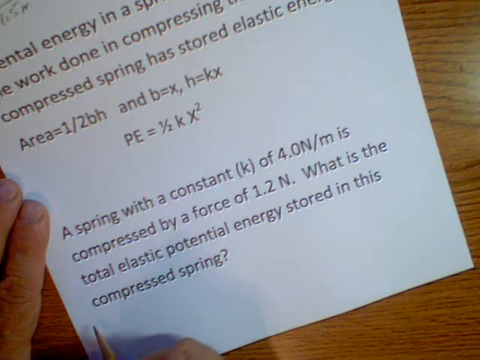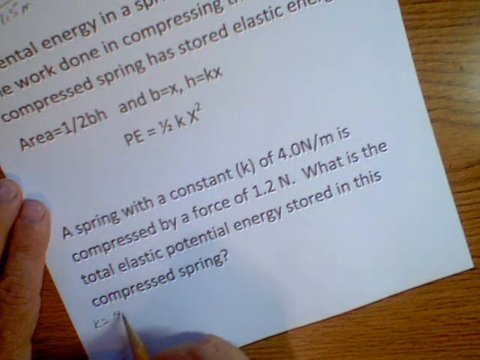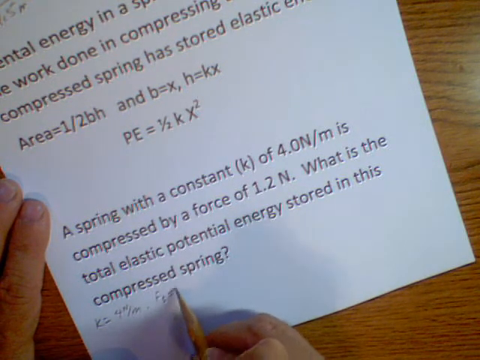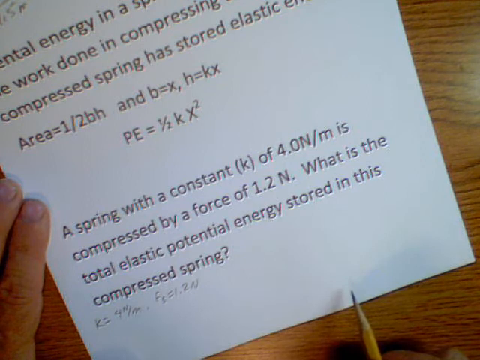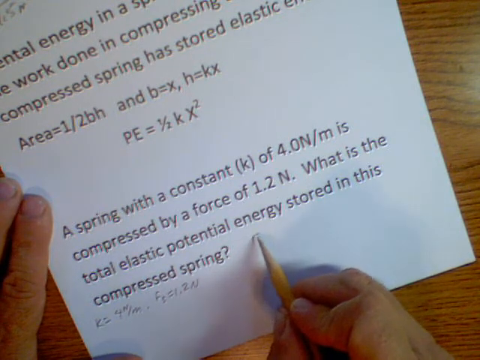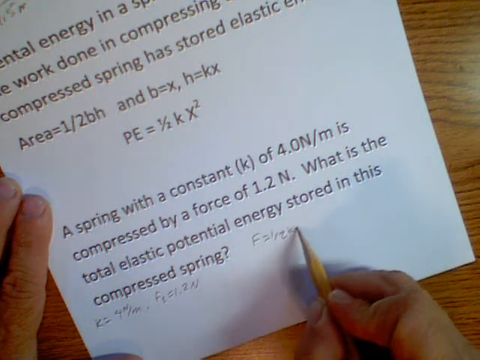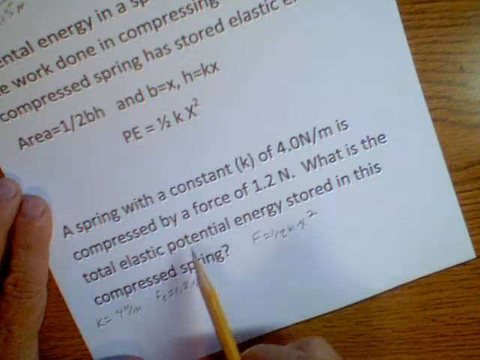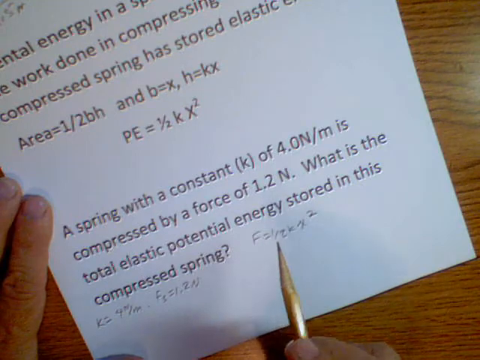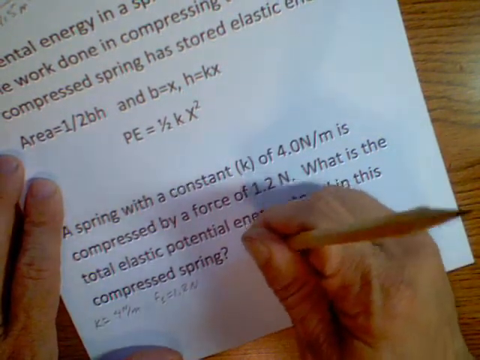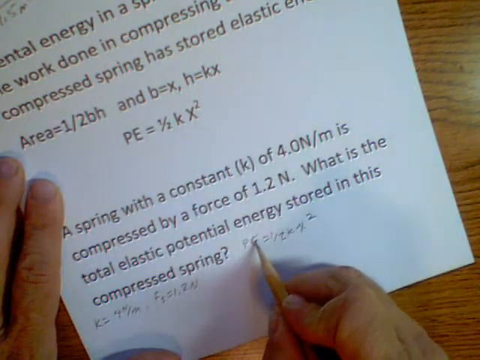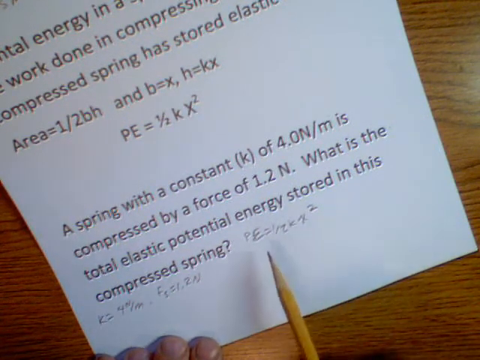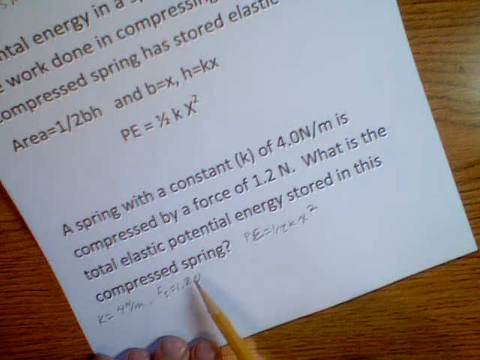But what we do know is k equals 4 newton meters, and the force of the spring equals 1.2 newtons. We're going to use potential energy equals 1/2 kx squared, but before we do that, we're going to need to find x.